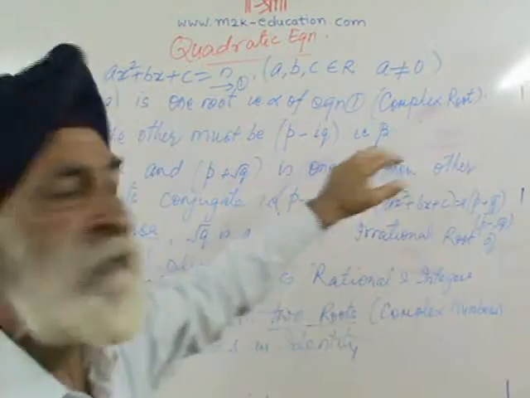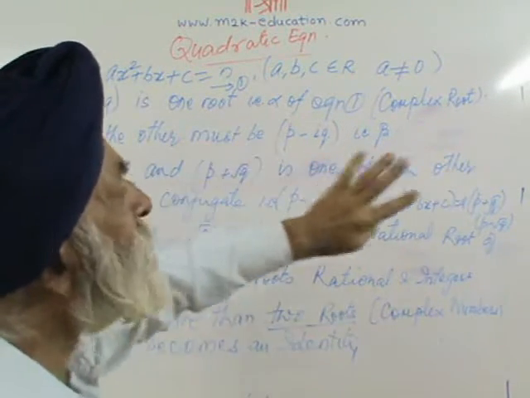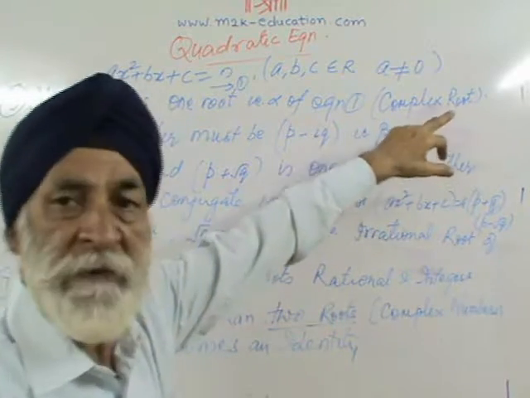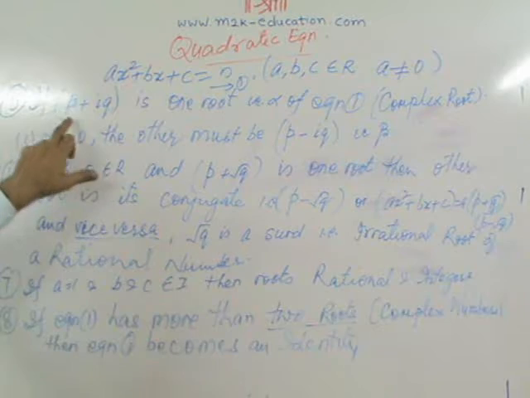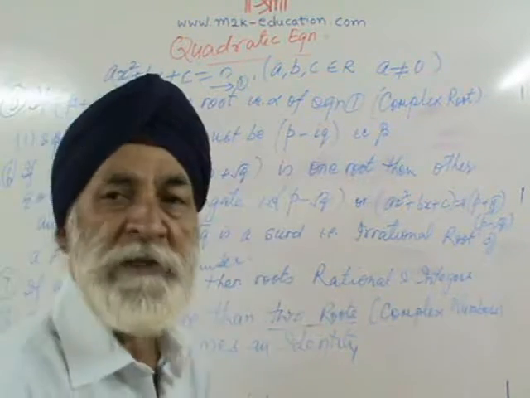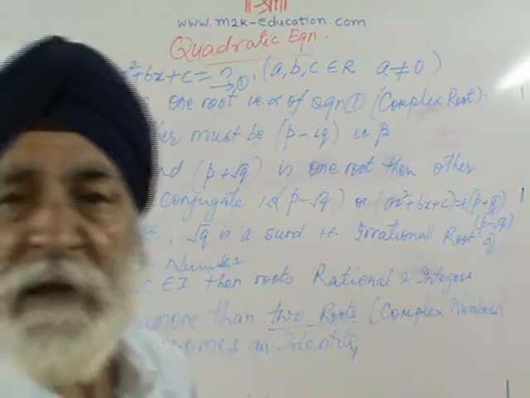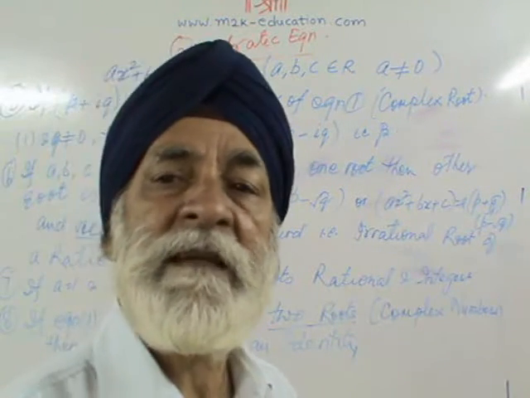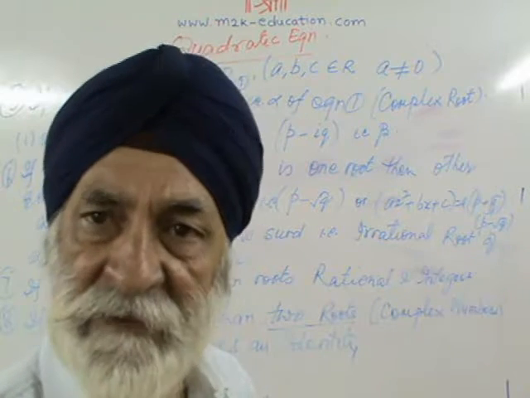Now you will definitely ask me, I have used a number of words in it, that is complex root, and it is written as p plus iq and p minus iq. What is the meaning of it? You see, we have defined real numbers, which are the numbers that really exist.